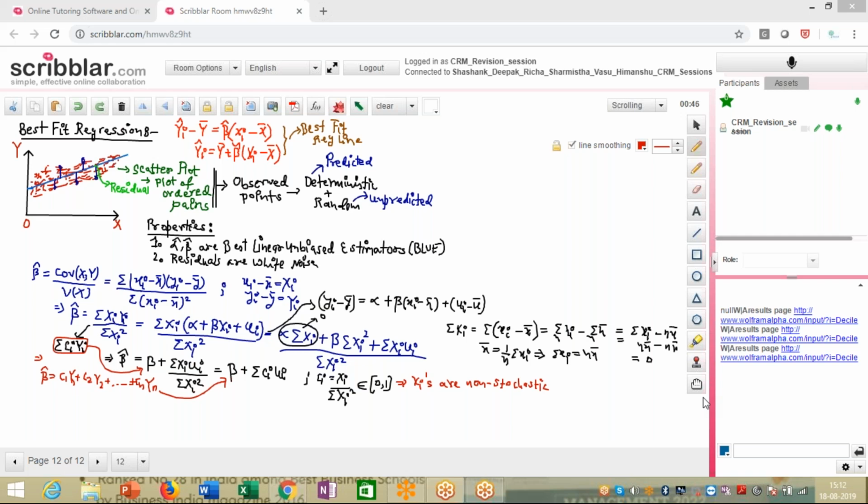Any tentative idea by when we'll be able to cover the topics? Which topic? The entire course. See, it's going to take some time at least, right? So this is linear regression. After this, there will be logistic regression. Once logistic regression is done, then you have decision tree and beta regression.